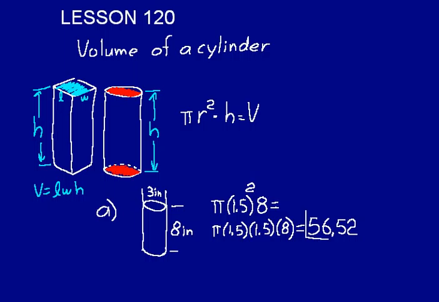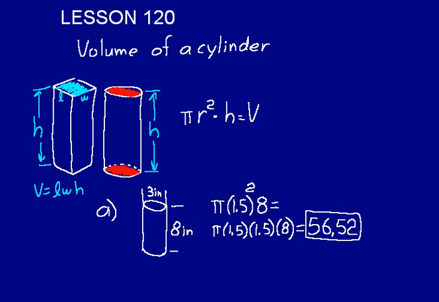Now some of you may have a scientific calculator that has a button with the pi symbol on it. You can just press that if you want to. Then you hit times 1.5 times 1.5 times 8, and you'll get a little bit different number than if you just type in 3.14, but just round it to 2 decimal places.